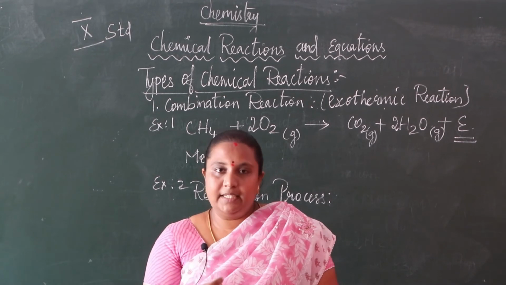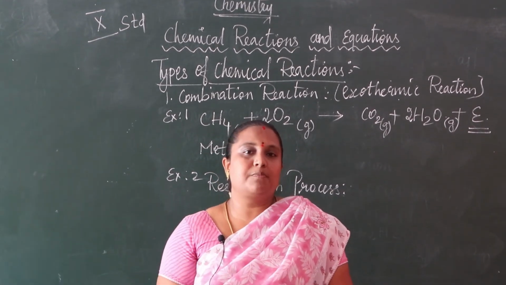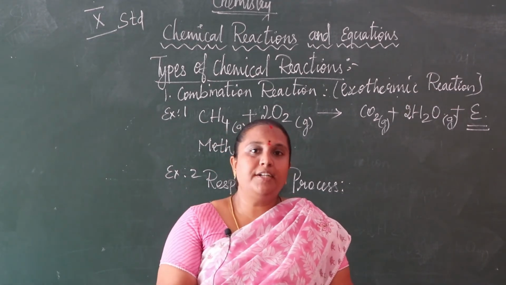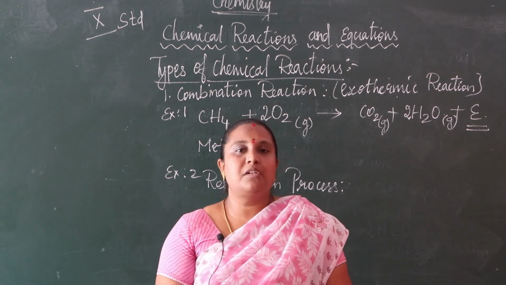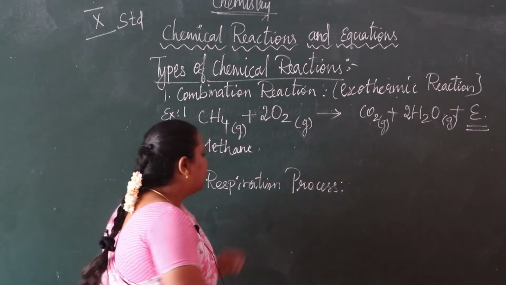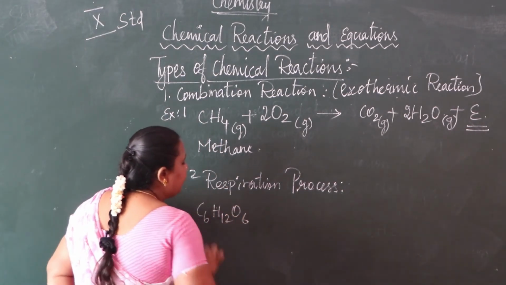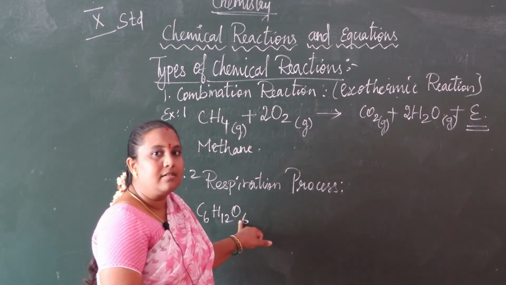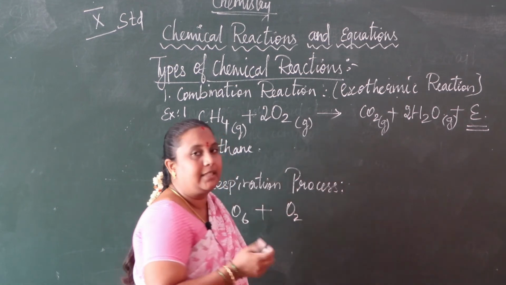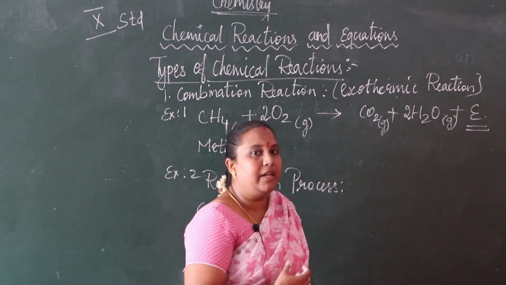So we are eating food, it breaks down into simpler substances, and the carbohydrates change into glucose. What is the molecular formula of glucose? C6H12O6. It reacts with oxygen, which we breathe in. That is respiration.